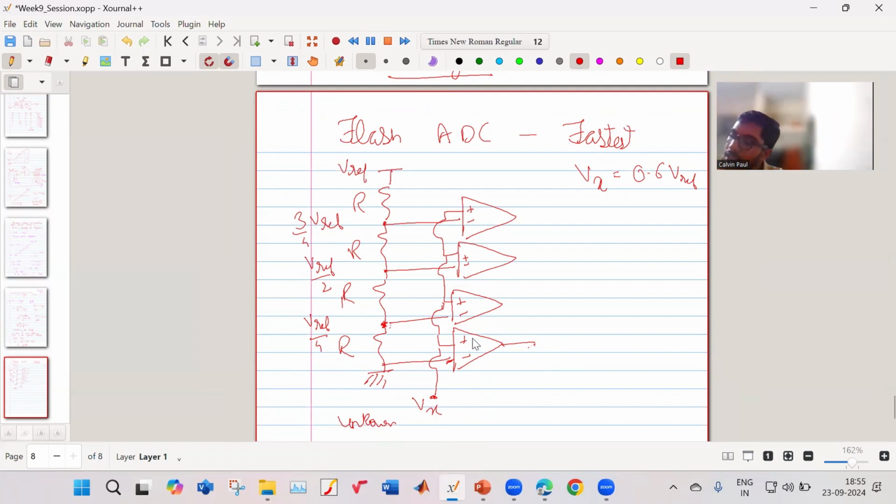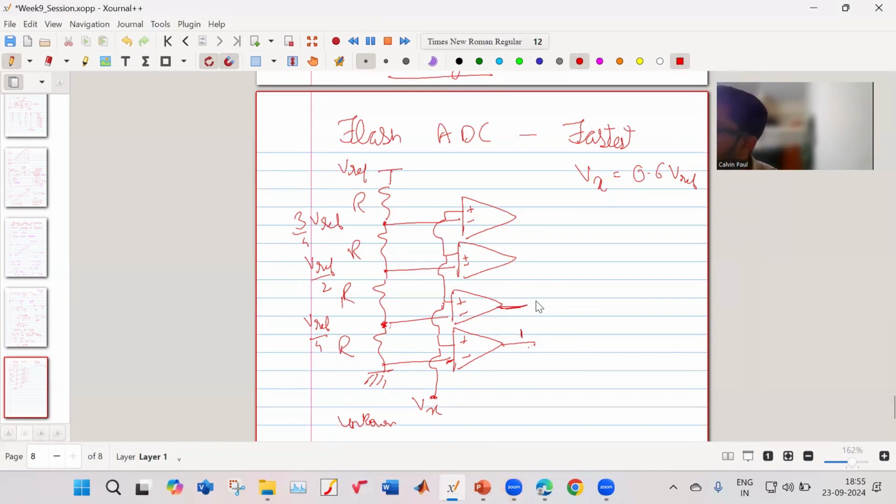It is comparing 0.6 Vref and ground. So if at the plus terminal it is 0.6 Vref and at the negative terminal it is ground, will the output be 1, positive or high, or 0, low? It will be 1. So this will be 1.